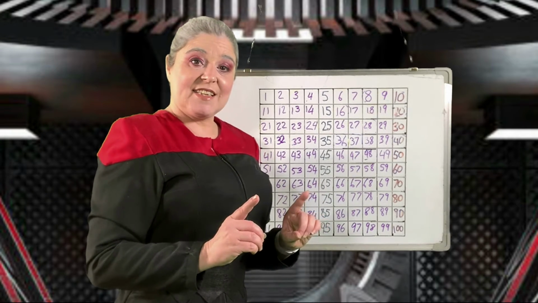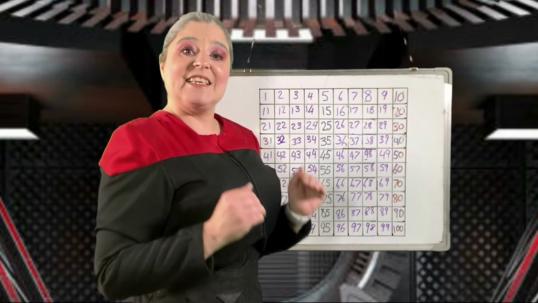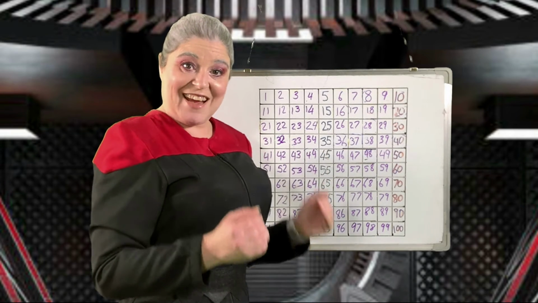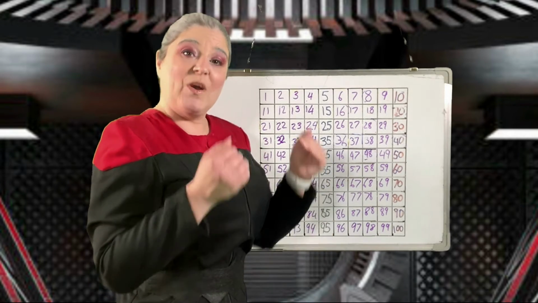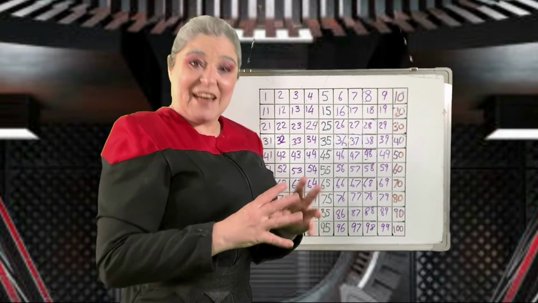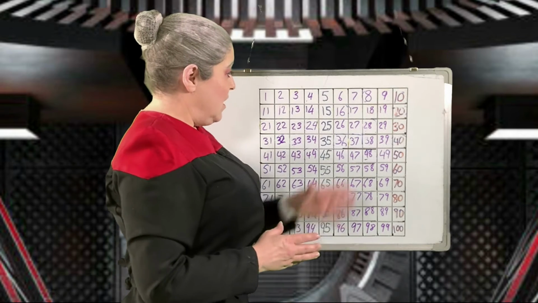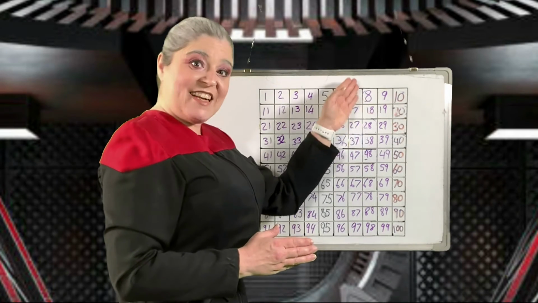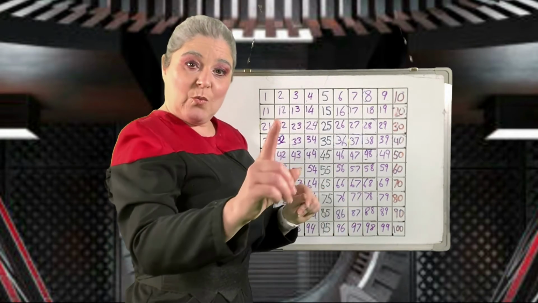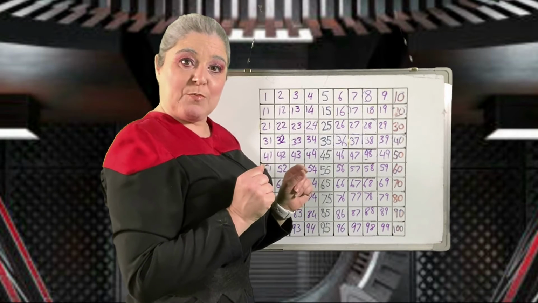In this case, since we know that we are adding and taking away multiples of 10, we need to see if the missing number is a multiple of 10 or not. If the missing numbers are right on top of each other, we know that the missing number is a multiple of 10.